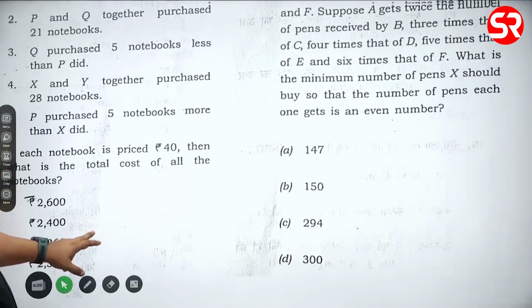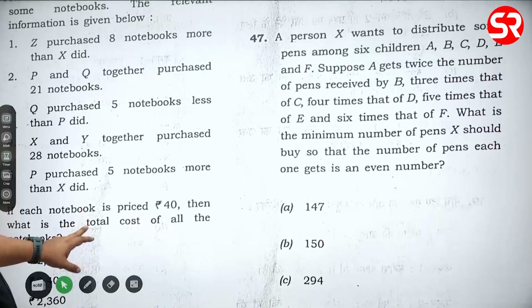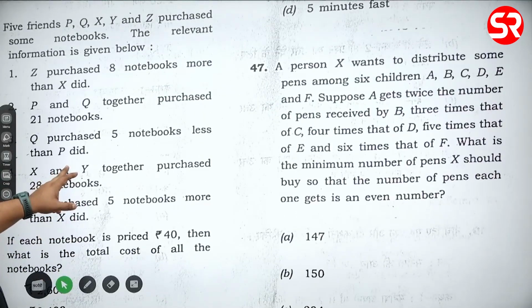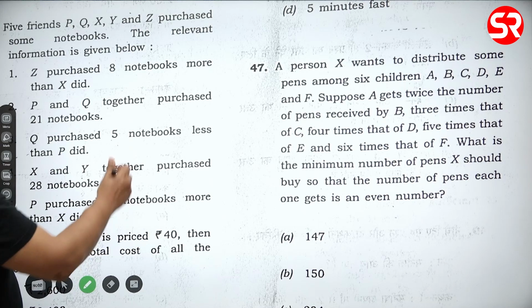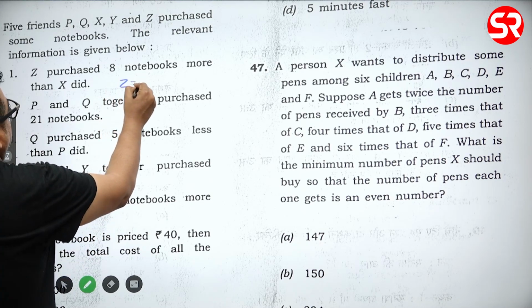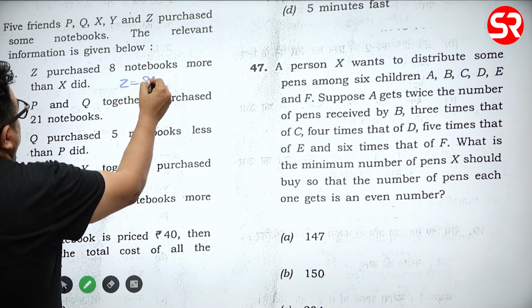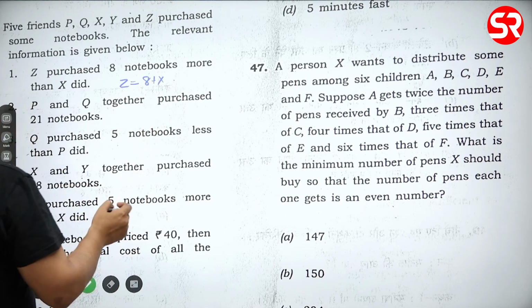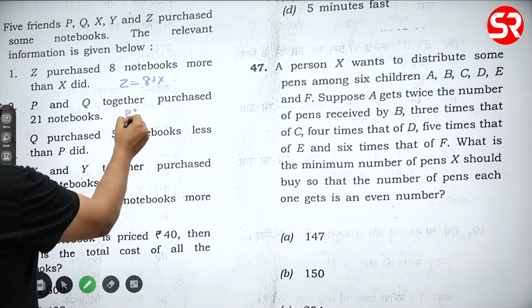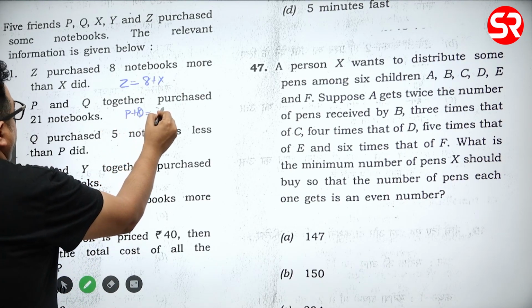Now let's see. This is an equation. He says 5 friends P, Q, X, Y, Z purchase some notebooks, relevant information given. Z purchases 8 notebooks more than X. Second, P and Q together purchase 21, P plus Q is equal to 21.